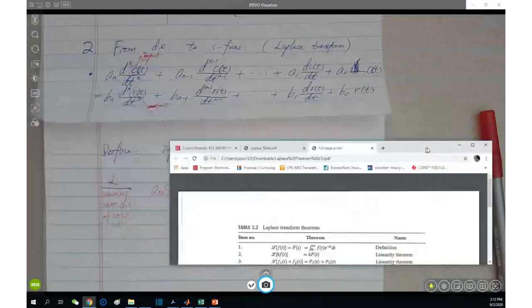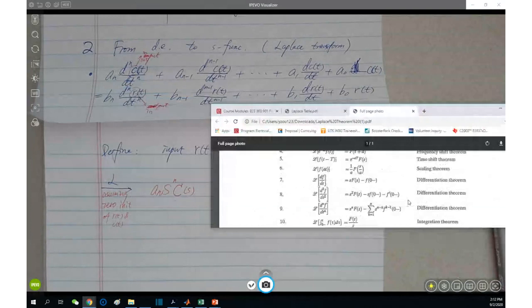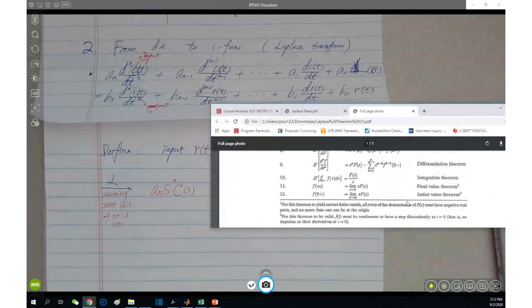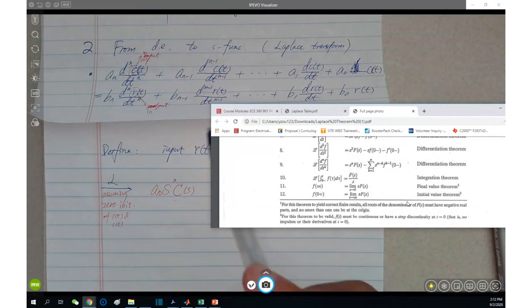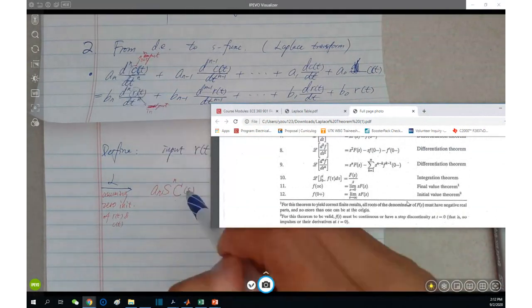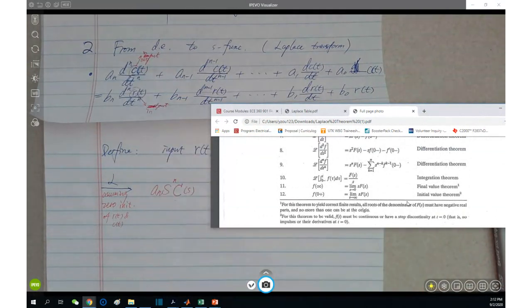Look at number 9. From this term to this result by applying number 9. Any questions?